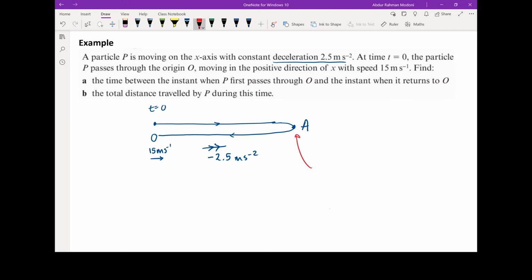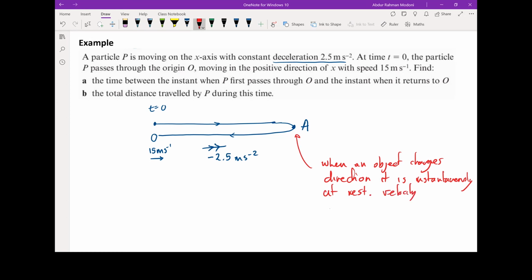So the velocity will be 0 at that point. When an object changes direction, it is instantaneously at rest. Velocity equals 0 at that point.